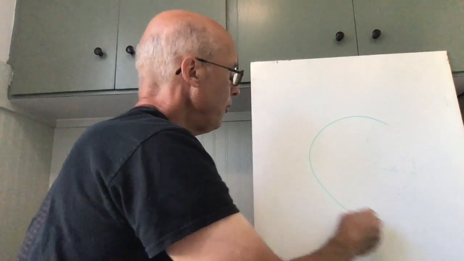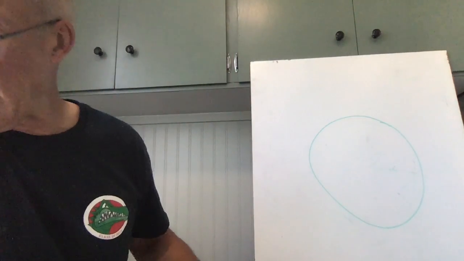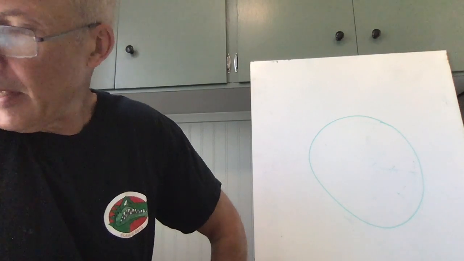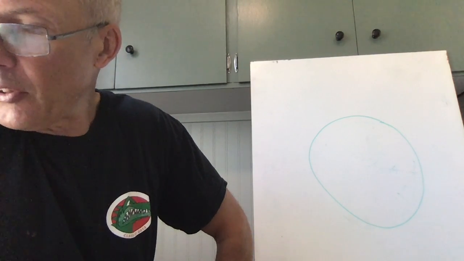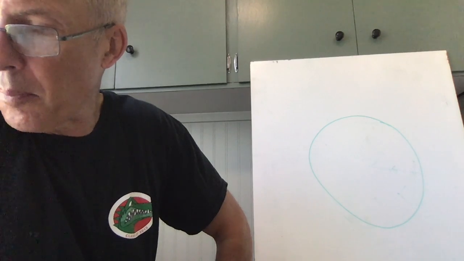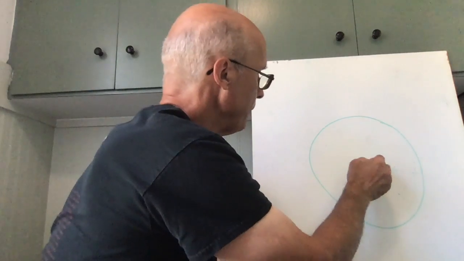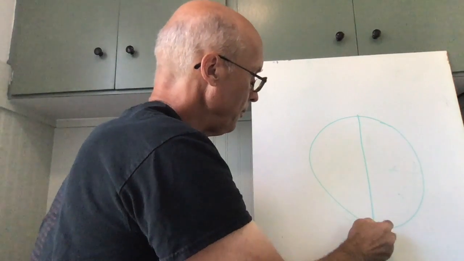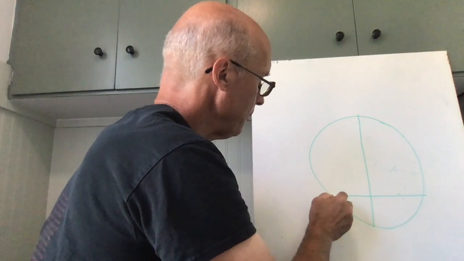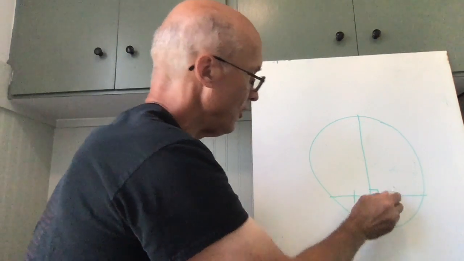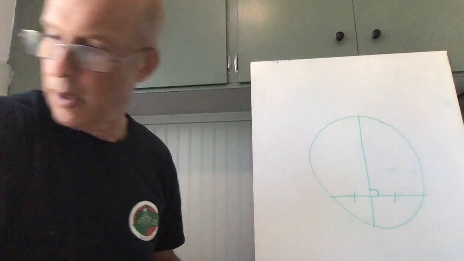Draw another circle. And this is theorem 9.3. It says that if a diameter of a circle is perpendicular to a chord, then it bisects the chord and its arc. So, diameter of a circle, and we've got a chord, and if this is perpendicular, then it bisects this into two equal sections.